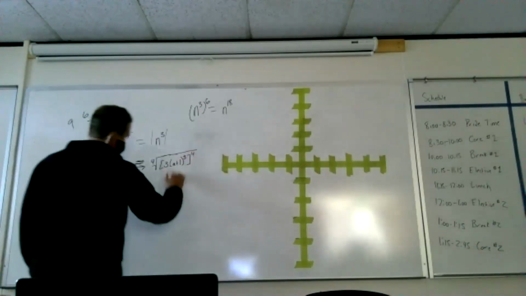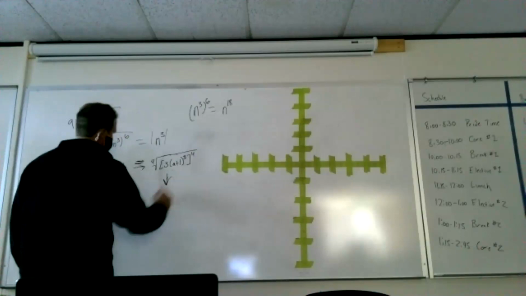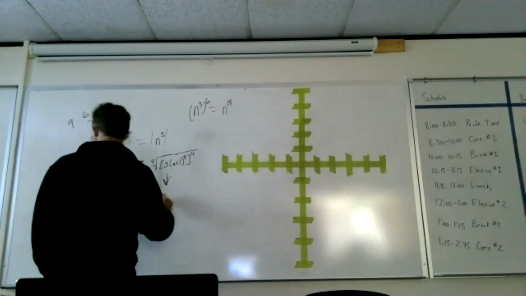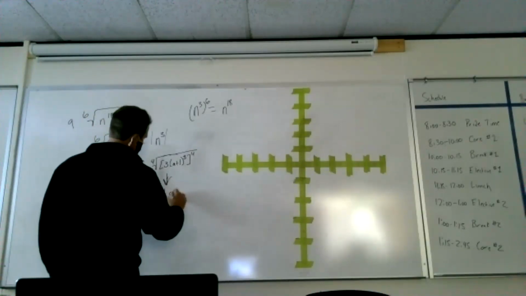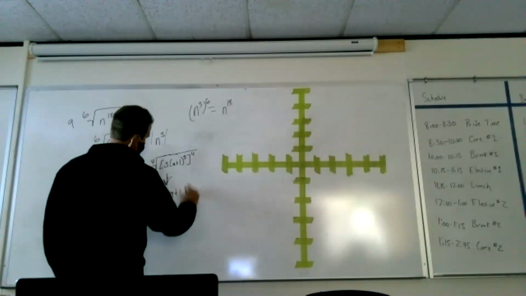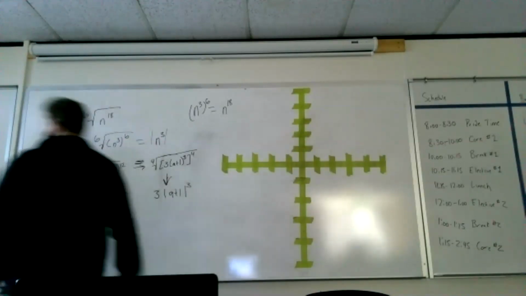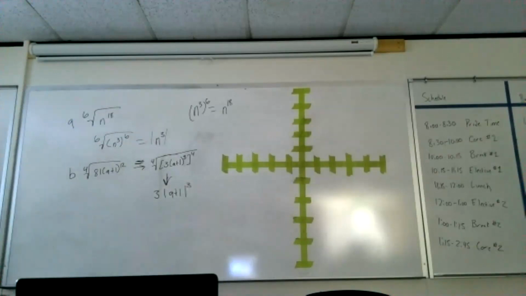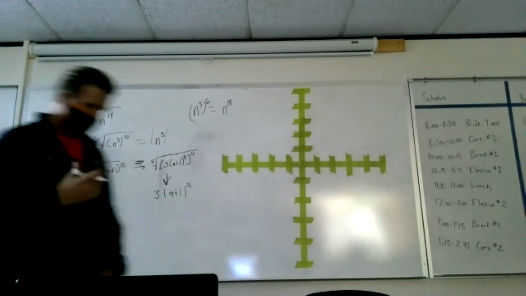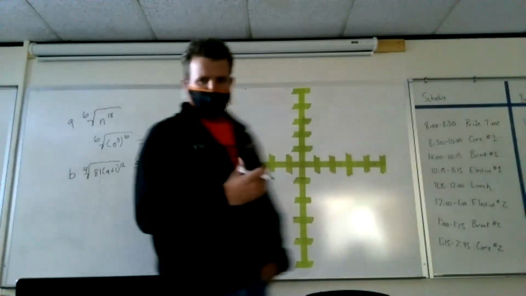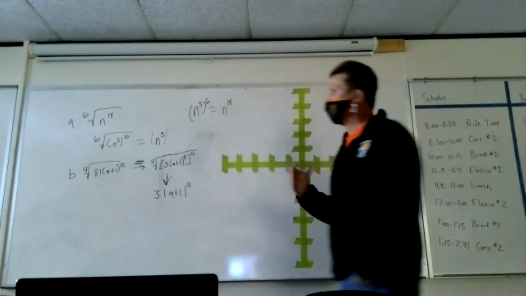So the simplified version of this would be 3 times the absolute value of a plus 1, cubed. Okay, so you can see how you have to be strategic in how you use these properties to make it into an easier form than it's presented.